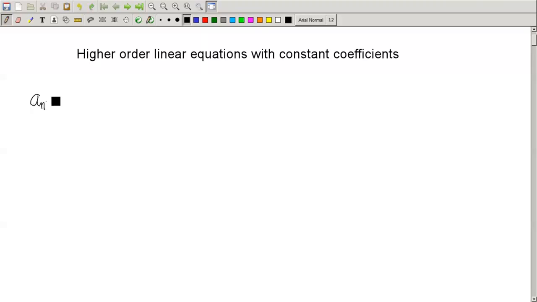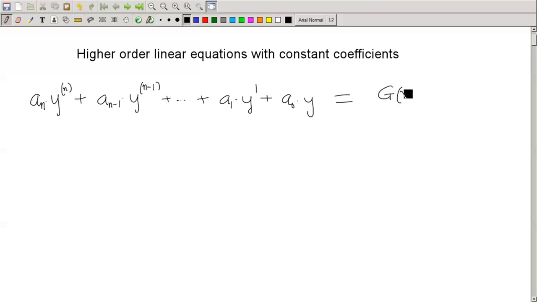a sub n times the nth derivative of y plus a sub n minus 1 times the (n minus 1)th derivative, etc. up to a1 times y prime plus a0 times y equals g of x.